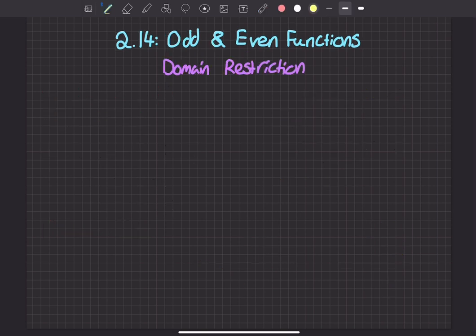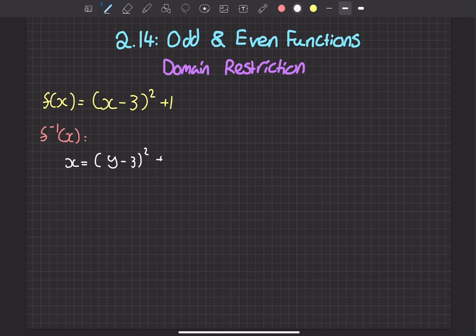Next, we have domain restrictions. So let's say we had this function here, f of x equals x minus 3 squared plus 1. So a nice little quadratic function in vertex form, right? And now we want to get the inverse of this function. And we know that to get an inverse function, you just change the place of the x and the y, and you isolate the y. So you have x equals y minus 3 squared plus 1.